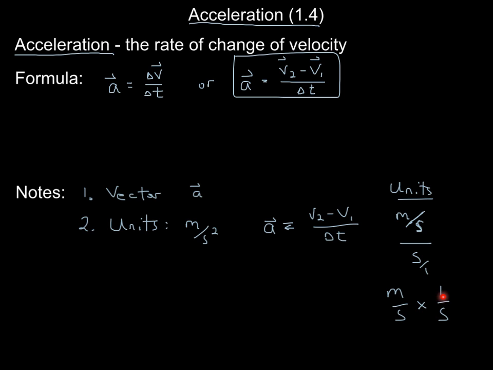And if I say meters times 1 on the top, that is meters, and seconds times seconds on the bottom, that is seconds squared. There it is, meters per second squared. So that's a quick run through of the units, but the units are meters per second squared.